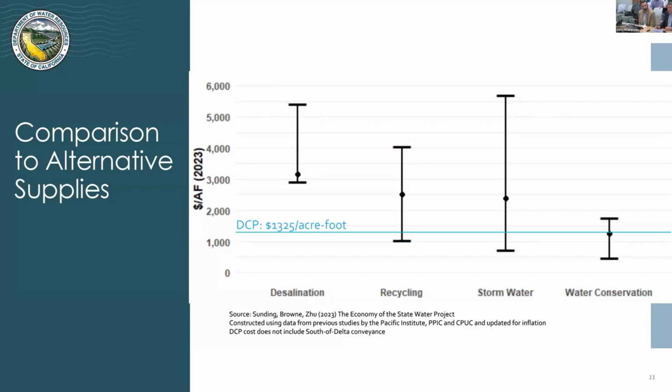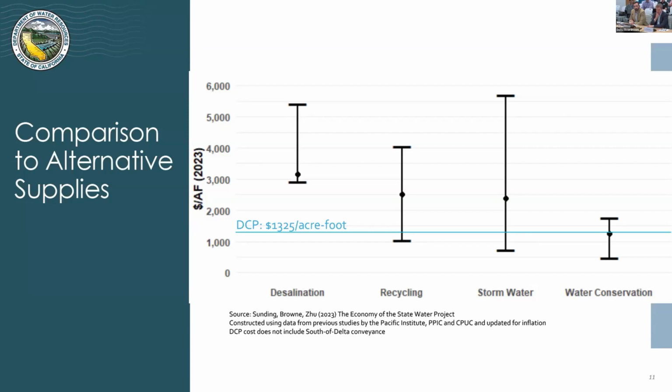Sure. So you're right, there are technical limits and other political limits on development of alternatives at this scale. Remember, we're talking about replacing 570,000 acre-feet of State Water Project deliveries. So that would be what, 11 or 12 Poseidon desal projects, which, I'm not a politician, but I think it's very unlikely something like that is going to occur. Same thing with recycled water projects.